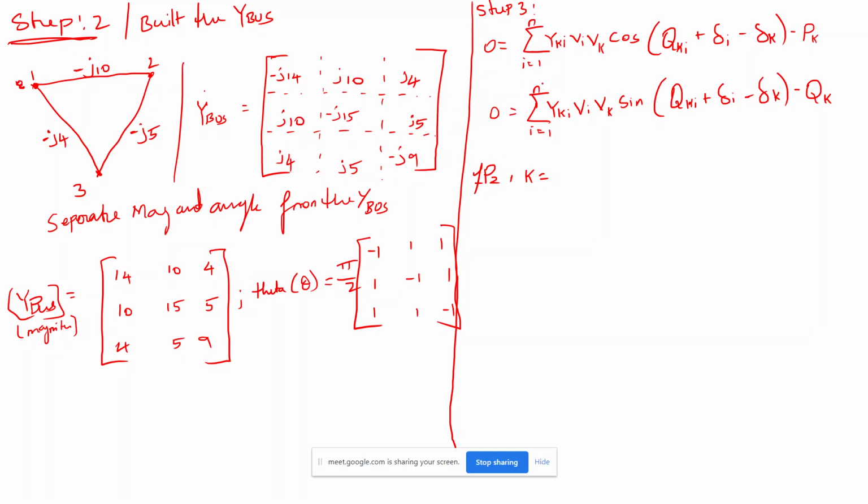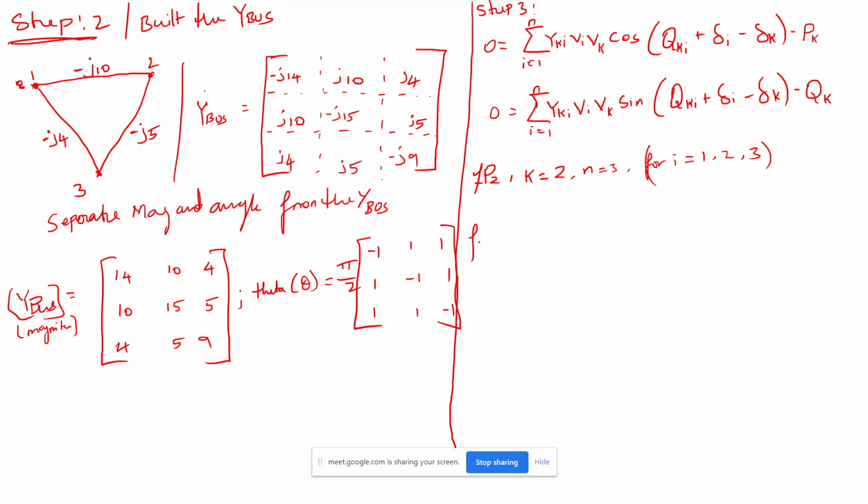I need to do this equation for this P2, so P2 is nothing but this equation. So what is k here? 2. Yes, it is 2. And what is i here? i goes from 1 to n. So what is n here? 1, 2, 3. So n is equal to 3, for i equal to 1, 2, 3. So for these 3 i's, I need to give this k value. That is what we are finding out, right?